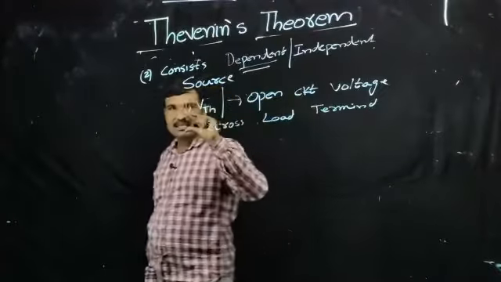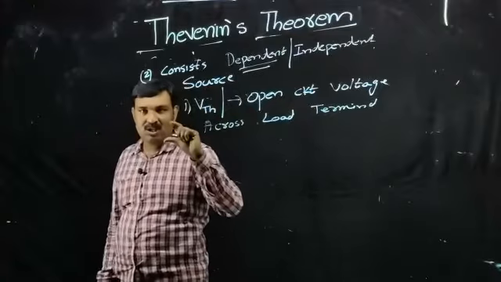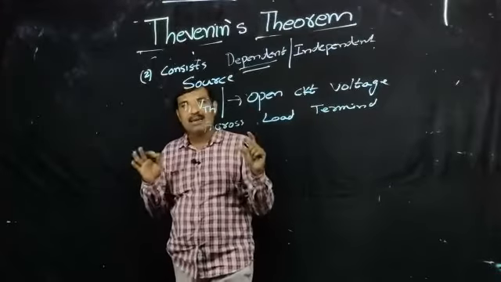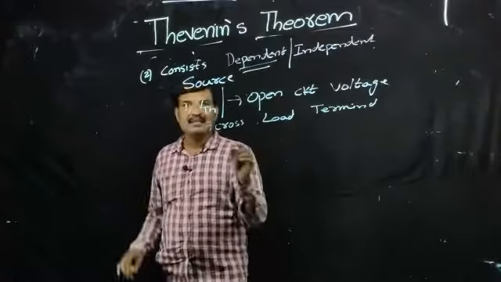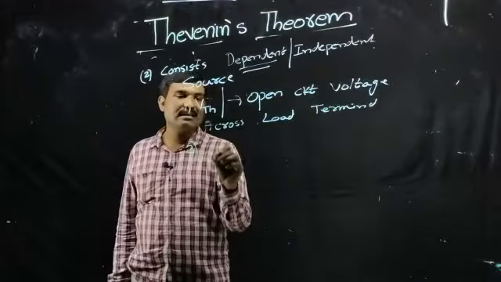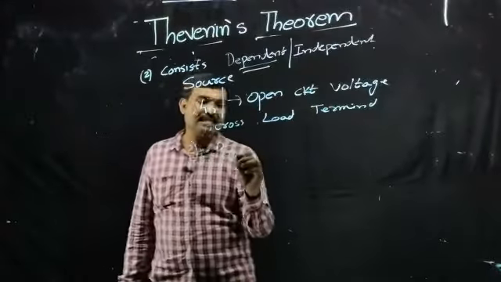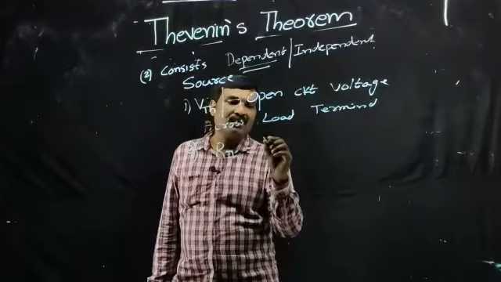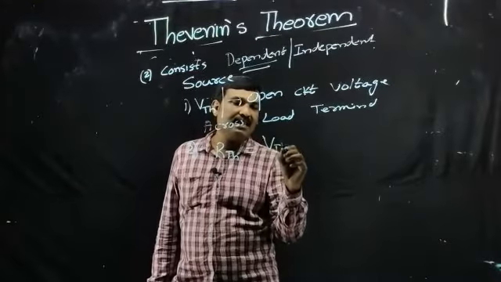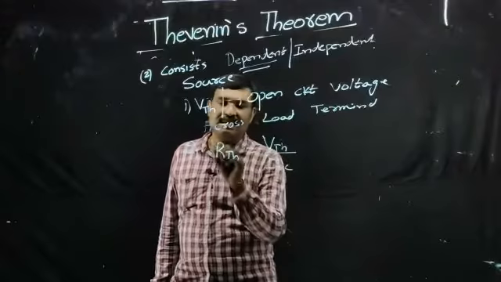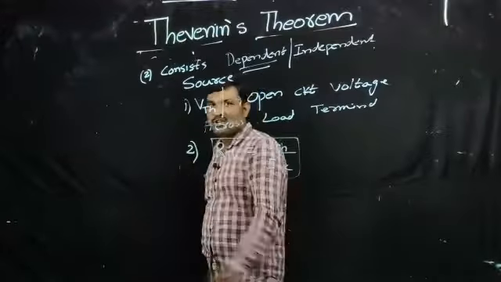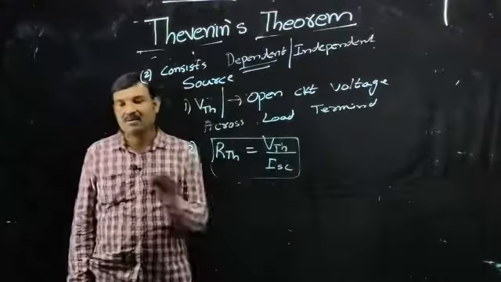So what you have to do is open circuit the load and evaluate the voltage across that open circuit condition. Then second, we have to determine RTH. RTH is equal to VTH, Thevenin's equivalent voltage, divided by ISC. What is ISC? ISC is the short circuit current across the load.